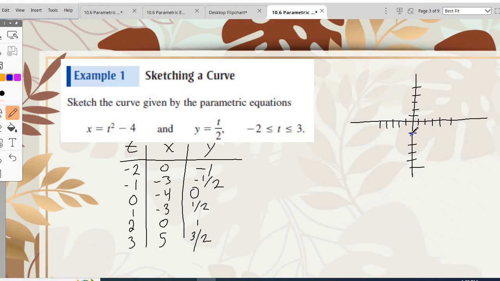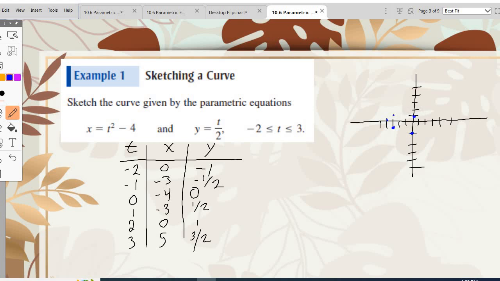Just slightly, right? Because we're only down negative 1/2. And then negative 4, 0 is on the x-axis, and then negative 3, 1/2 is basically the opposite of this. 0, 1.